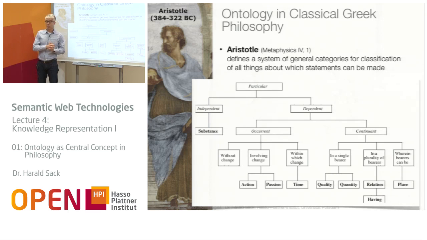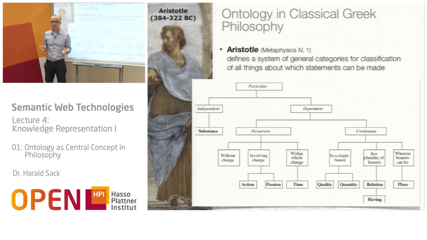Next, from the Greek philosophers was Aristotle, and he joined this ontology club, and he asked the question, how can I structure the world, and how can I formulate, let's say, a concept of queries or a principle or a framework of queries that helps me to distinguish and to classify things in the world.